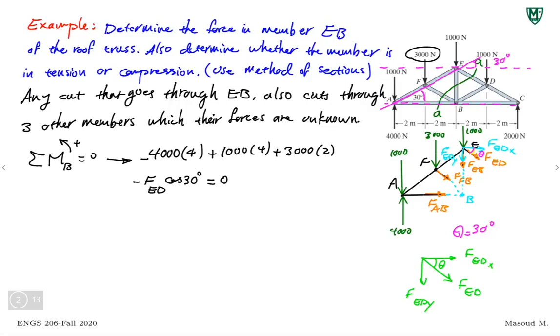If you see a mistake somewhere, let me know. Something about this problem is bugging me. All right. FED turned out to be, actually not minus, plus, 6,928.2 newtons.